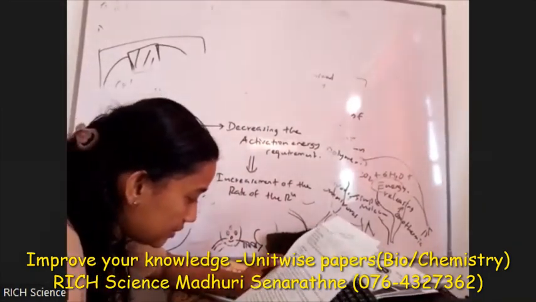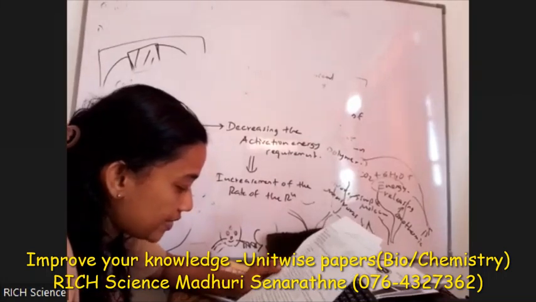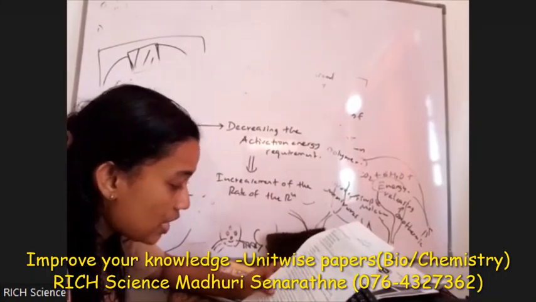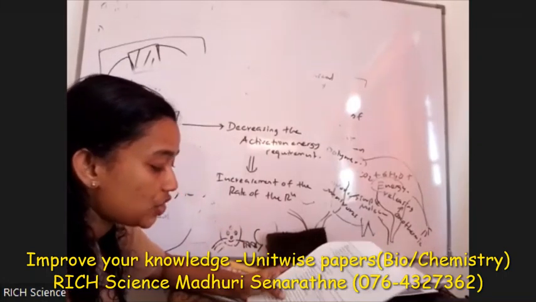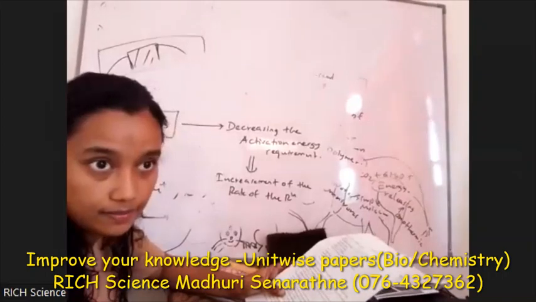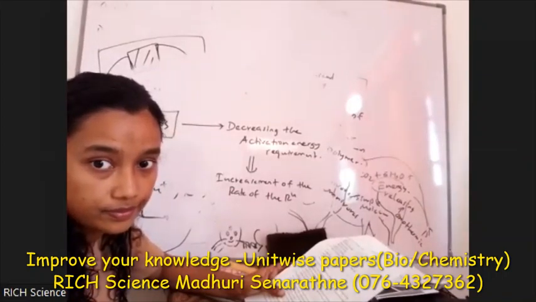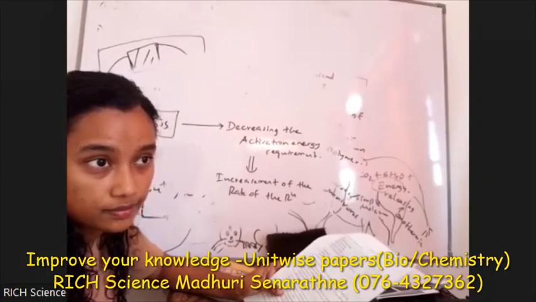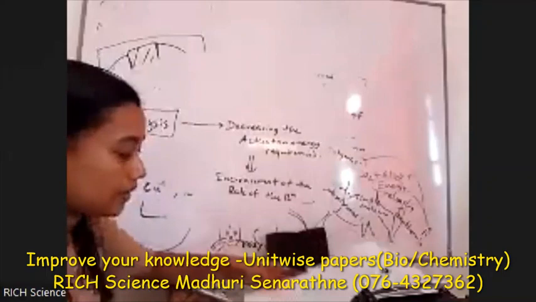Then after passing 4 degrees Celsius temperature, disulfide bonds in the enzymes are destroyed. There is a special name for this temperature. But which temperature? Optimum temperature. Optimal temperature.